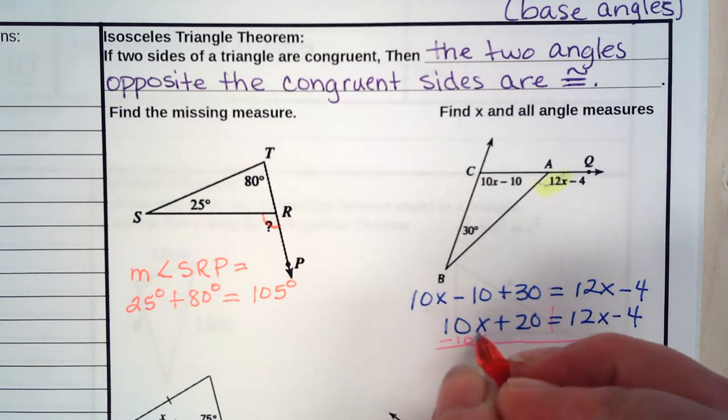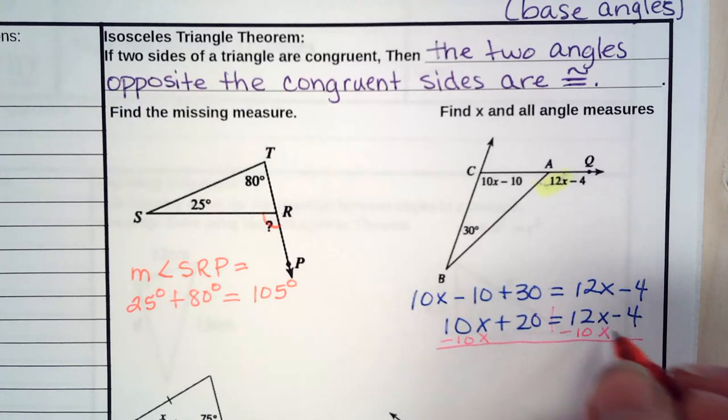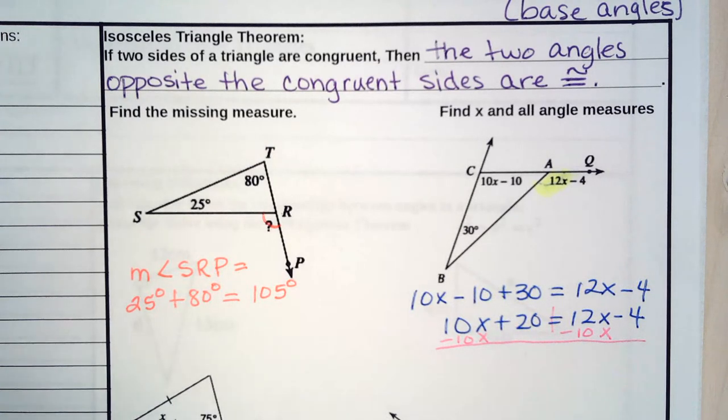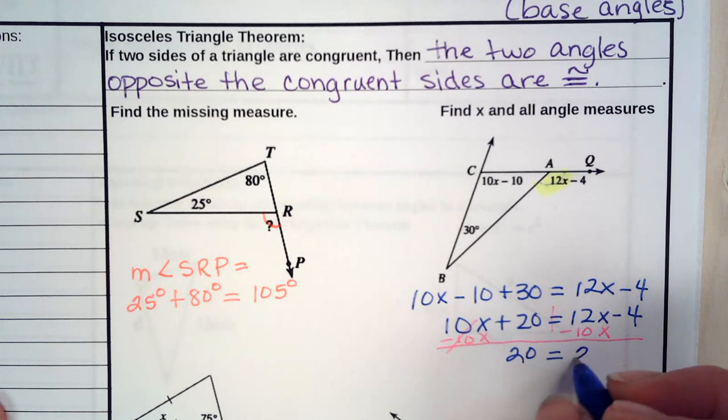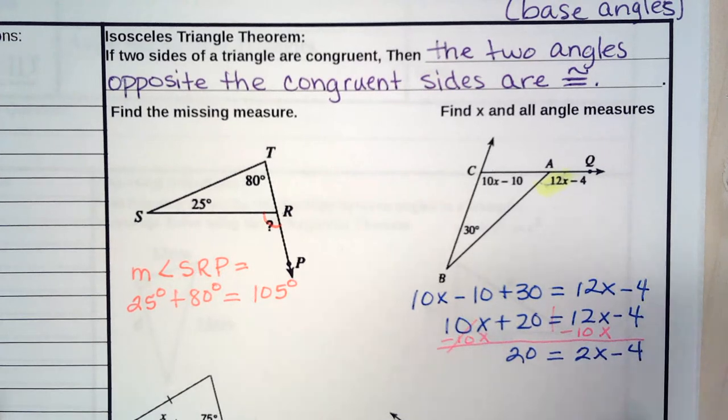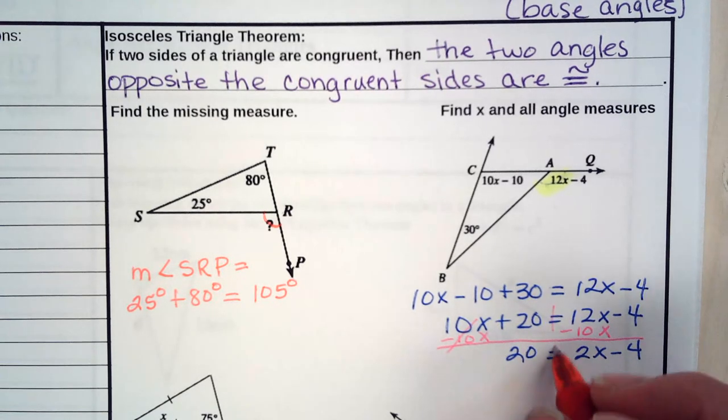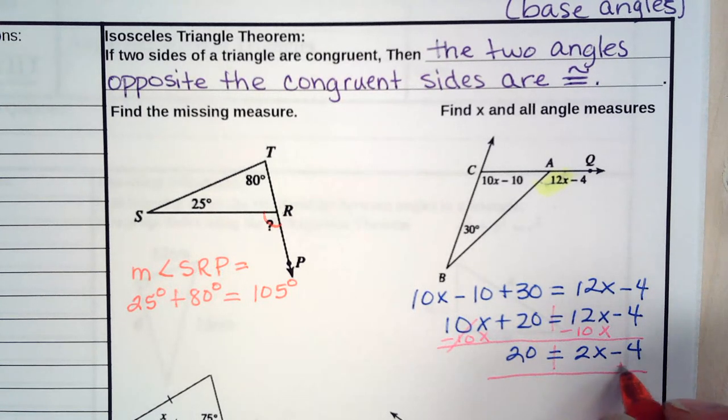Subtract 10x from both sides. I've canceled out here. 20 is equal to 2x minus 4. Next, I'm going to add 4 to both sides.